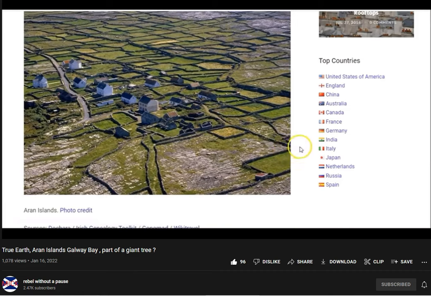Right, so what this site is saying is these islanders scraped the dirt because the entire island is covered with this limestone, right? So what they're saying is that the first inhabitants way back scraped the dirt.